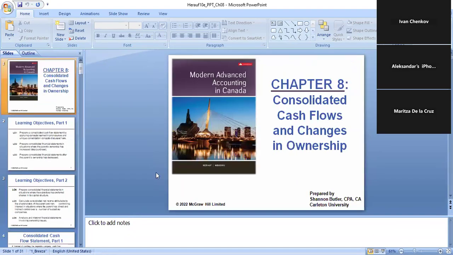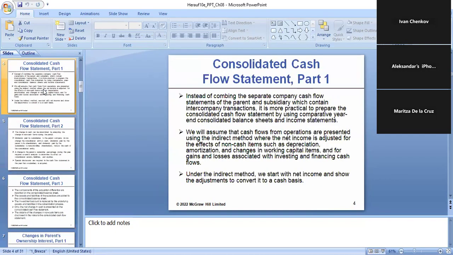Now in chapter 8, let me just briefly mention what's happening. Again, a very small portion here will be examinable, and only through multiple choice questions, nothing else. In chapter 8, what we have here is consolidation for the cash flow statement and changes of ownership. On the cash flow statement, what I want you to understand is we're not going to get the cash flow statements of the subsidiary and the parent and then try to consolidate those.